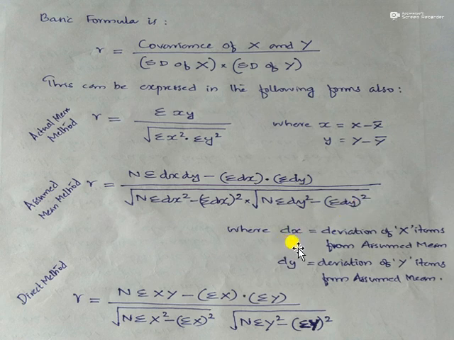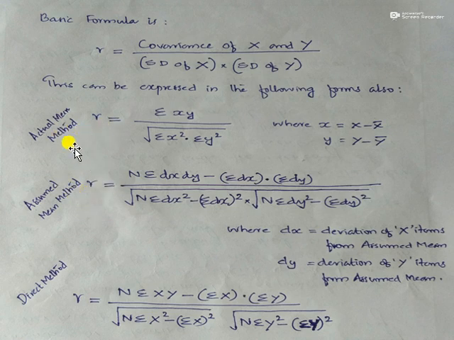Here dx means deviations of x items from assumed mean. Similarly, dy means deviations of y items from assumed mean. This is the assumed mean method for computing r, Karl Pearson's coefficient of correlation.